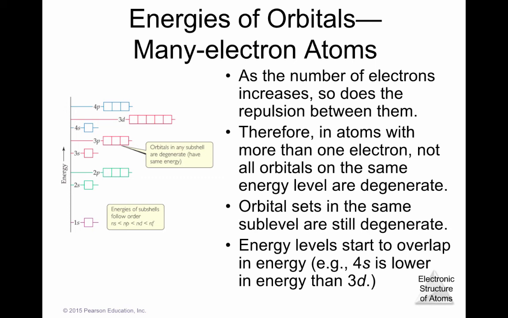And you also start to have some overlap between the different orbitals. For example, the 4s ends up being lower than the 3d. So the third and fourth energy levels are actually overlapping. And again, I'll remind you, that has to do with the shape of the orbitals themselves.